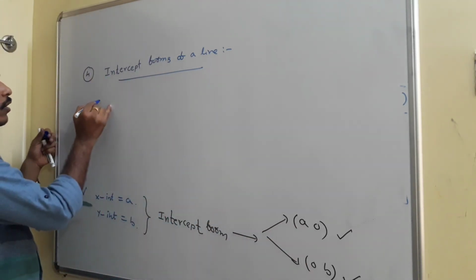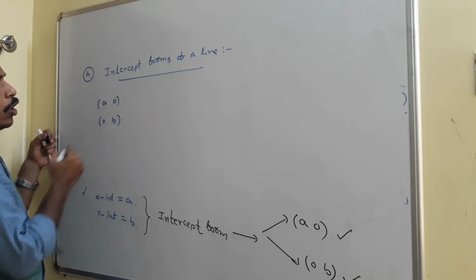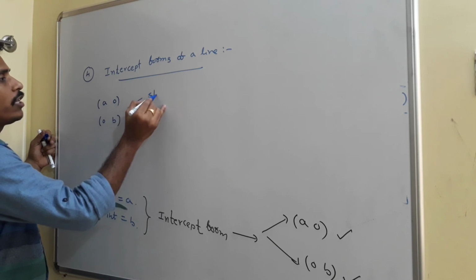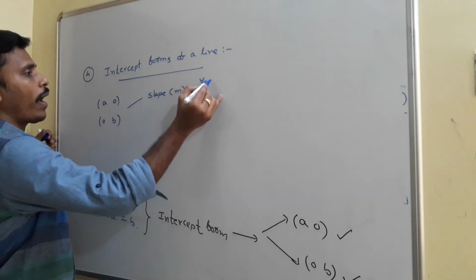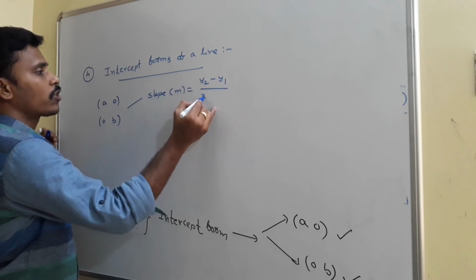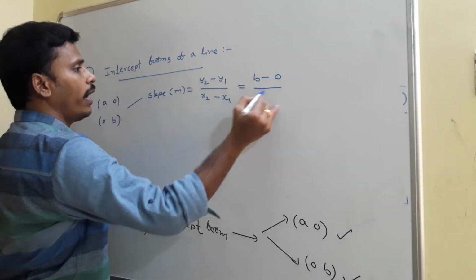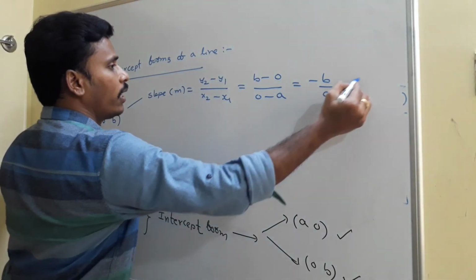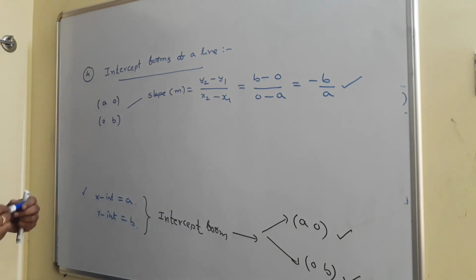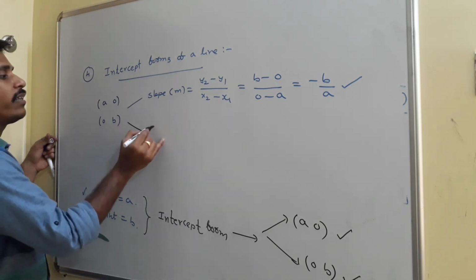The points are (a, 0) and (0, b). To find the equation, first find the slope. The slope m is given by (y2 - y1)/(x2 - x1), which is (b - 0)/(0 - a). Solve it, you get -b/a. This is the slope of the line whose x-intercept and y-intercept are like this. And then find the equation.